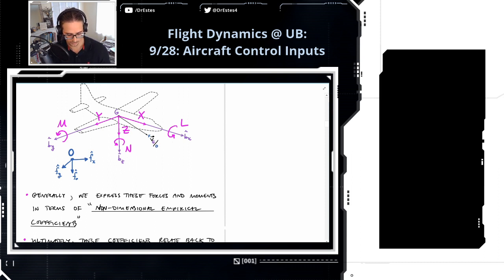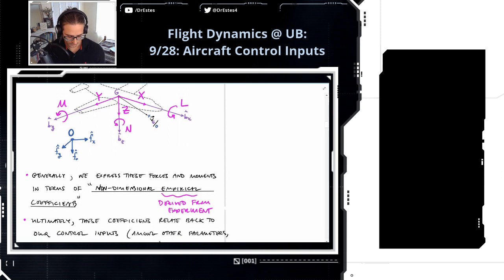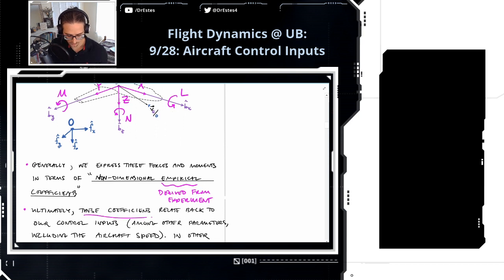Now, what does empirical mean? It means derived from experiment. So we're going to get these coefficients from some experiment, some wind tunnel tests, and so on. And it's these coefficients that ultimately relate back to our control inputs.